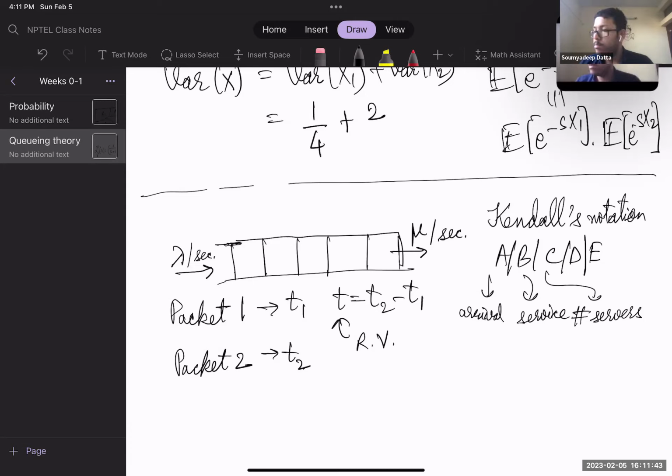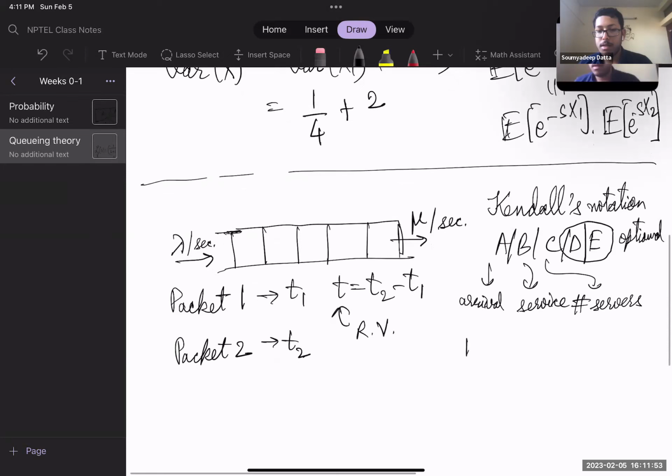Remember that D and E are usually optional, right? So D denotes system capacity, that is, the capacity of the queue. I might have a queue where I say, okay, my capacity is, let's say, K equal to 5.